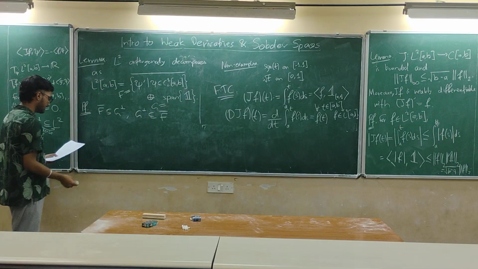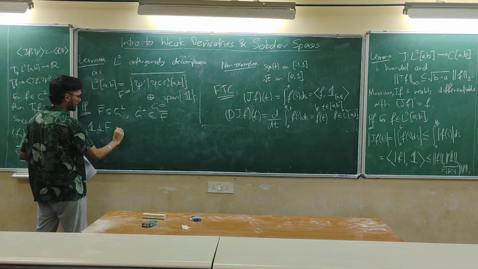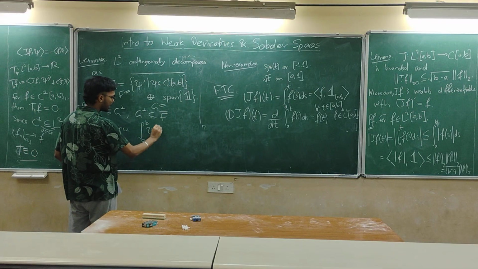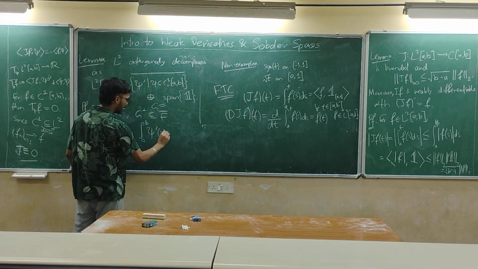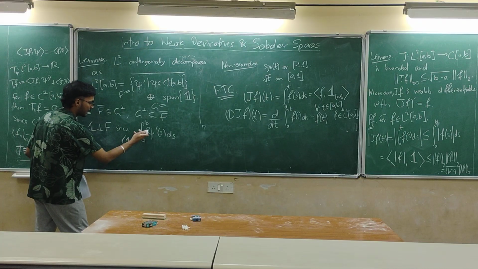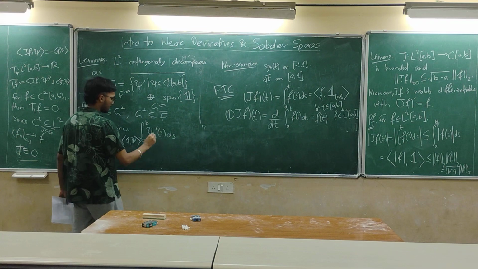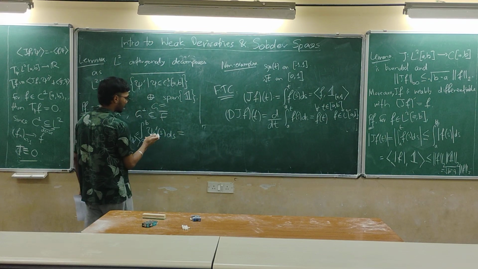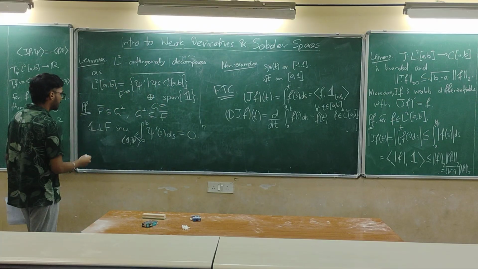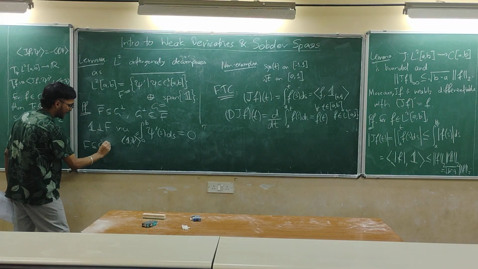One of these directions is easy because one is perpendicular to F. Since the integration from a to b of 1 times the derivative of a test function ds, this is the inner product of one with the derivative of a test function, and this is equal to phi of b minus phi of a. But since it is clamped at the endpoints, this is exactly 0. Or basically, we have F is contained in G perpendicular.